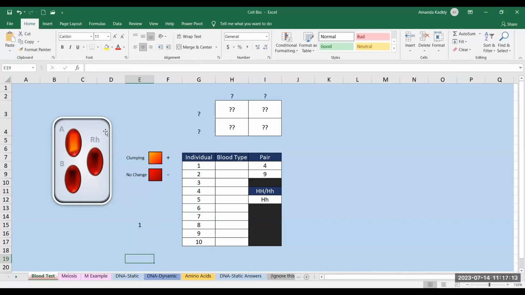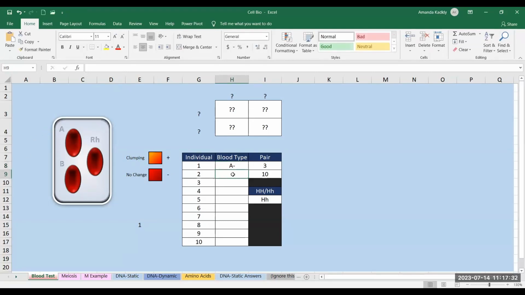So you would essentially just generate 10 random blood types, type them out. Starting with this individual here, that would be A negative, because that's the only reaction we see.